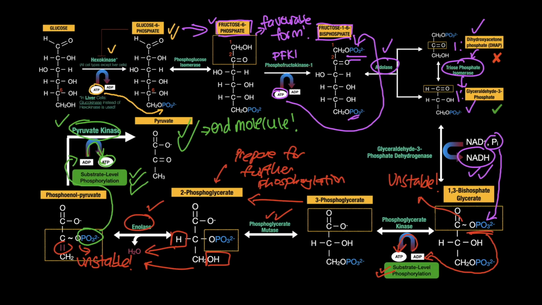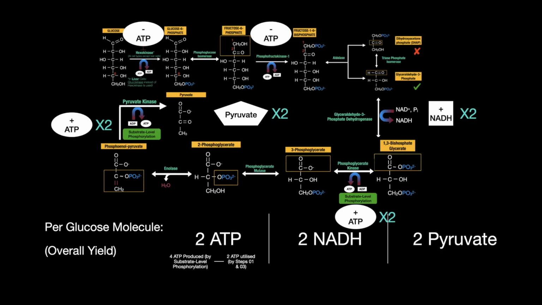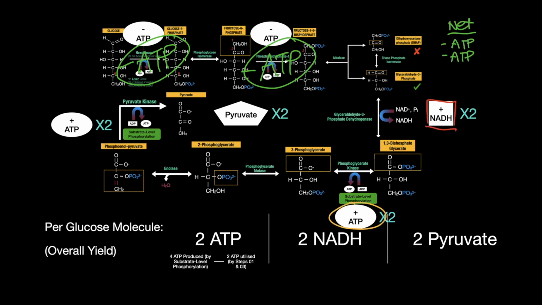What do we get out of one cycle of glycolysis? At the start, we used 2 ATP, and later on, from each glyceraldehyde 3-phosphate, we get out 1 NADH, 2 ATP, and 1 pyruvate. But remember that we are able to get 2 units of glyceraldehyde 3-phosphate due to the conversion of dihydroxyacetone phosphate to glyceraldehyde 3-phosphate by triose phosphate isomerase.